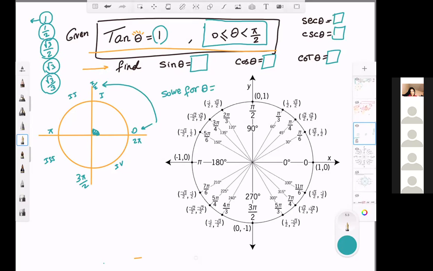Yeah, at 45 degrees, tangent is 1. You said 45, which is great, also pi/4, correct?